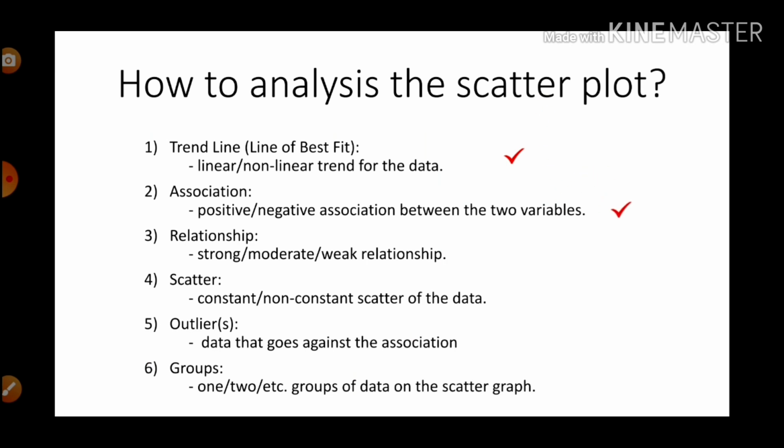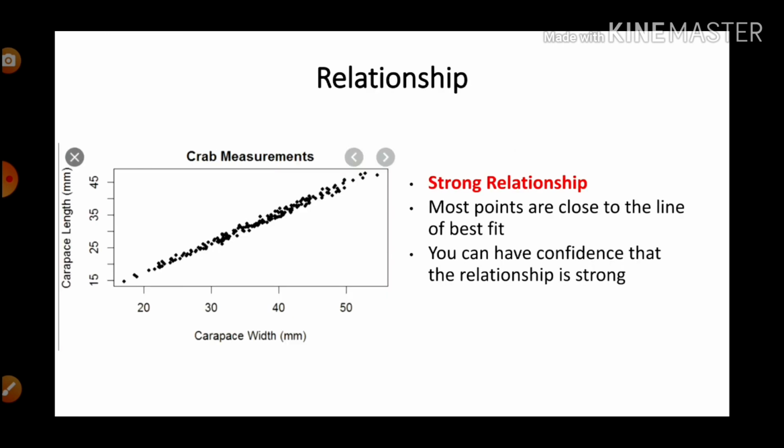Right, so far we learned how to say it's a linear or non-linear trend, or whether it's positive or negative. What's the next thing that you need to mention? The strength of the relationship. What do I mean by strong relationship? If you have a look at the graph on the left-hand side, what do you see with the dots?